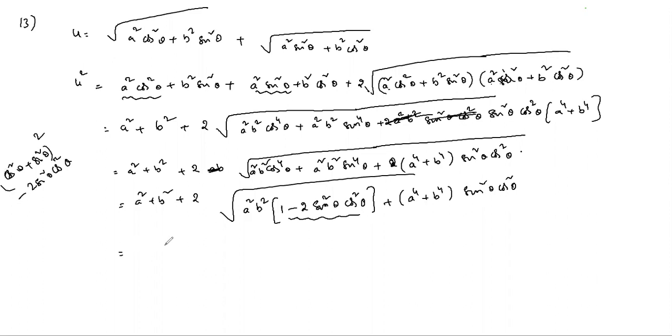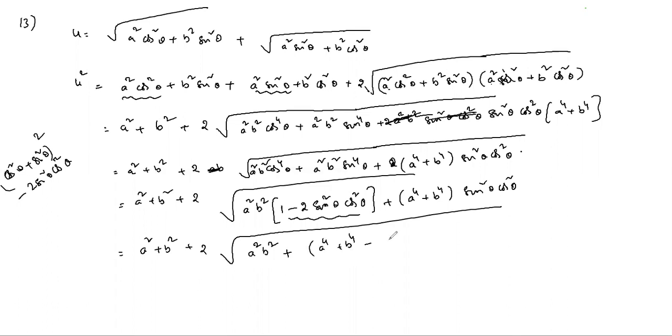So a square plus b square plus 2 into root of 1. This is a square b square. Here plus, if you take common, a power 4 plus b power 4 minus 2a square b square into sin square theta cos square theta.